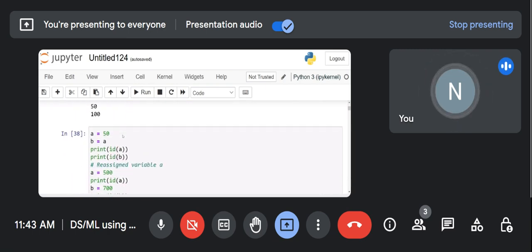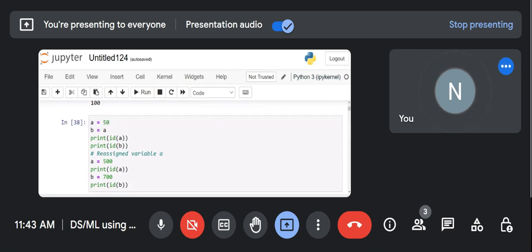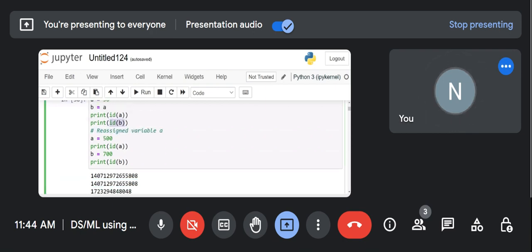And then I am going to print the address, id, block, cell. I'm trying to identify what is a and what is b. I found that if I use id with a and b, both have the same id. So the girl said, sir, both are referring to the same memory block. So how should I know that they are referring to the same memory block? This can be checked using id.